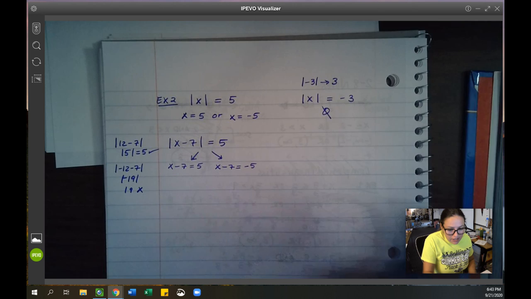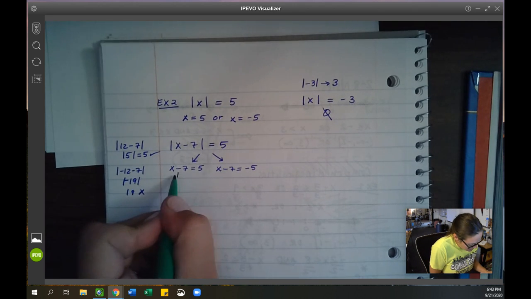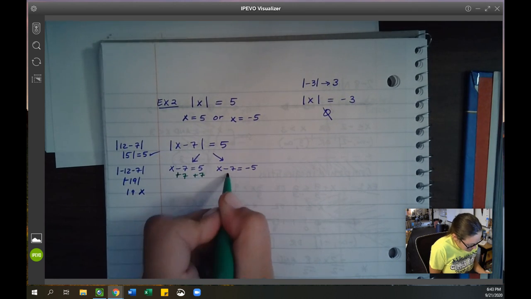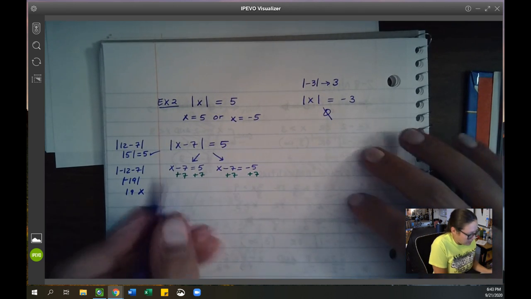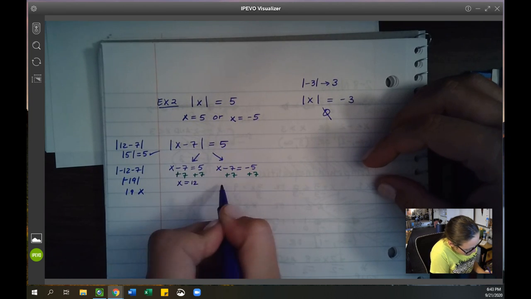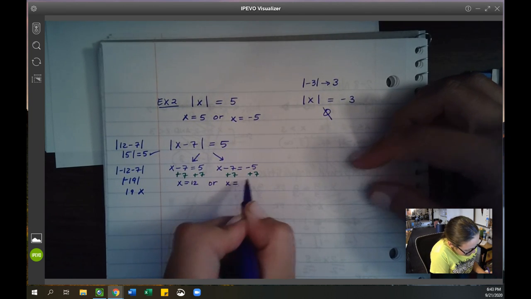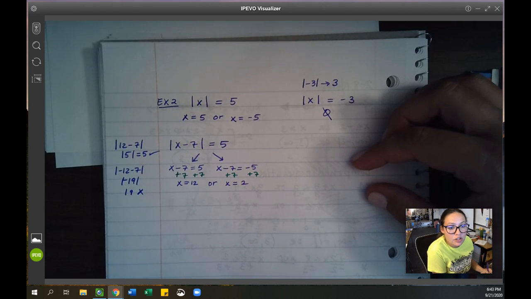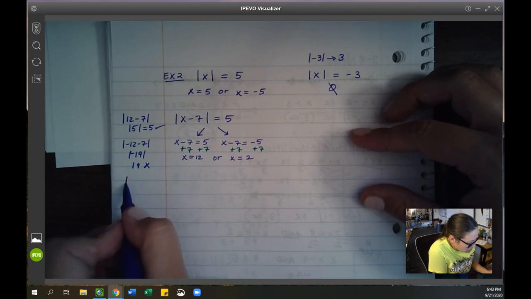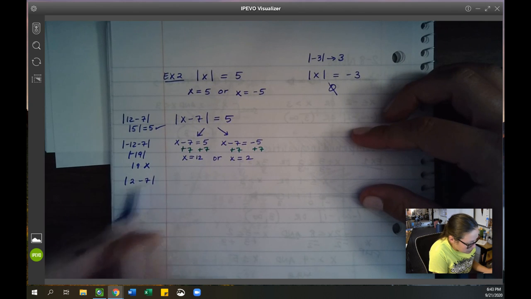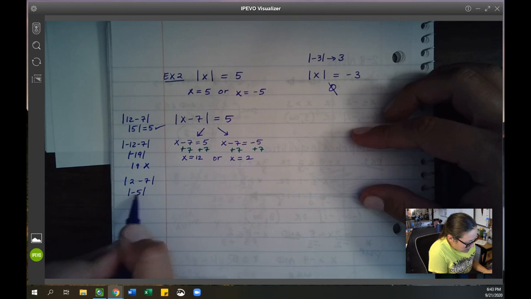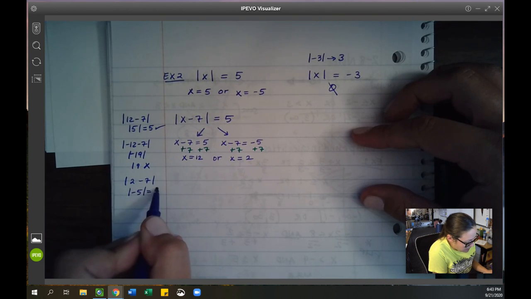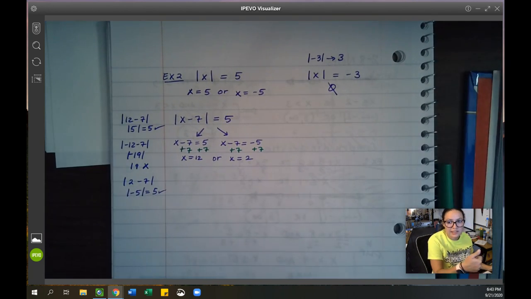If these are my two equations, add 7, I get x equals 12, or negative 5 plus 7 gives me 2. All right, let's try 2. If x is 2, 2 minus 7 gives me negative 5, and the absolute value of negative 5 is indeed 5. It works. Awesome.